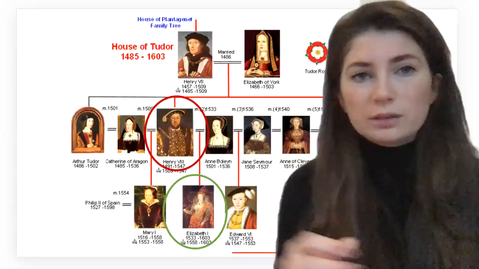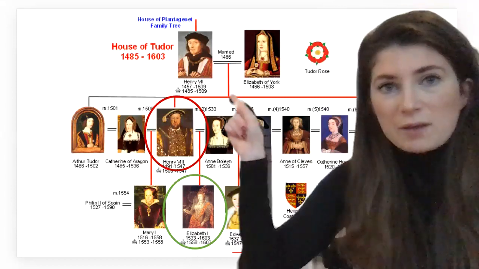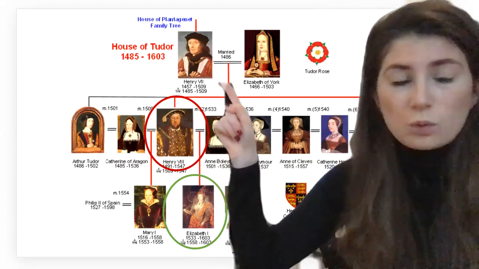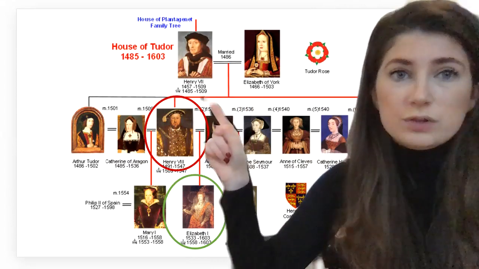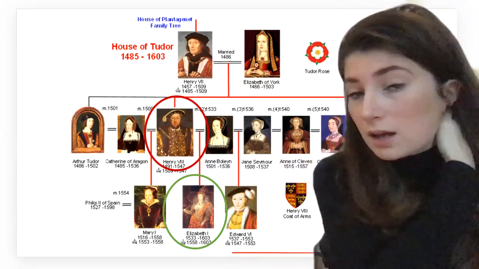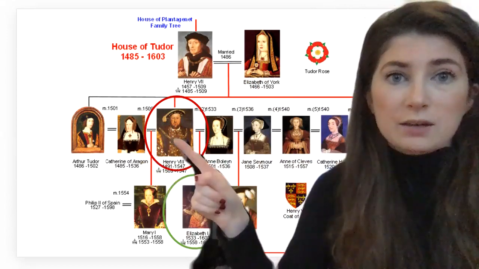I've just got a little family tree here to try and show you how it works. So we have Henry VII, who was the first Tudor king who fought in the Wars of the Roses against the Yorks. He married Elizabeth of York, the Yorkist princess, and he had two sons, Arthur and Henry.